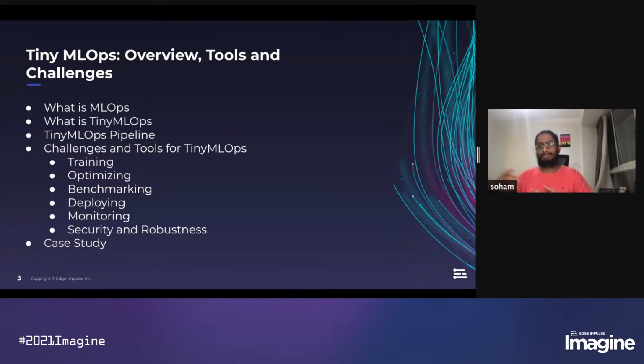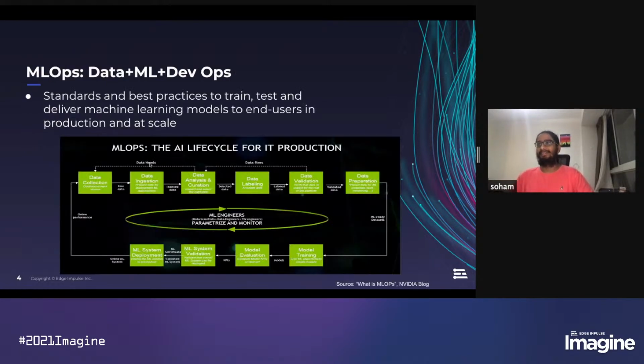We'll then show you a typical tiny MLOps pipeline, and the parts of those pipelines are training, optimizing models, and then we have to benchmark and deploy those models as well. Each of these parts has different challenges, different frameworks, and different tools, and we'll talk a bit about those. And finally, we'll show a case study of a tiny MLOps pipeline using Edge Impulse. Okay, so with that, let's get started.